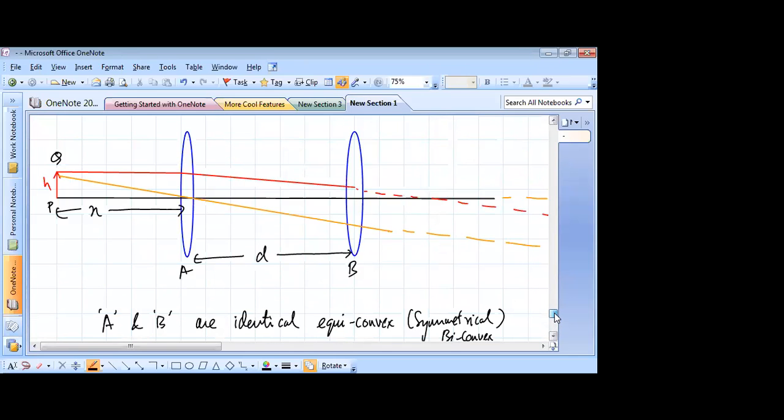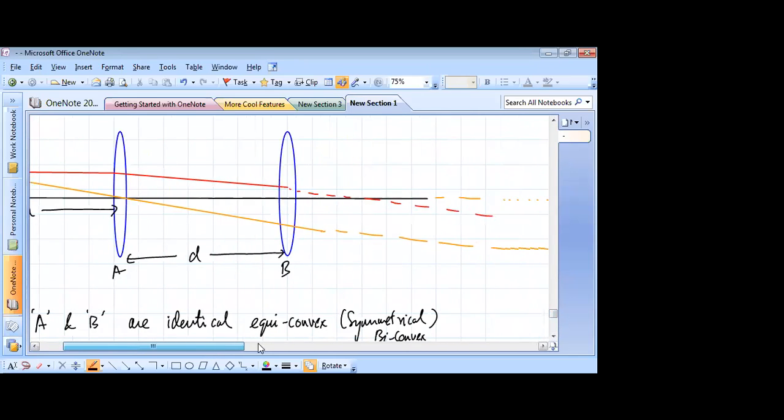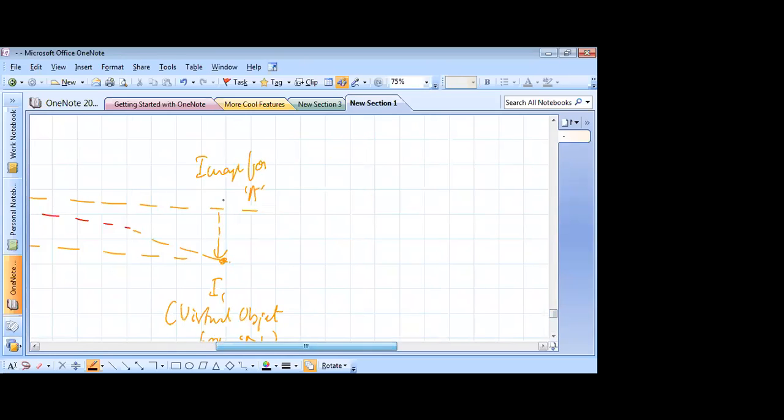So this is P prime Q prime, this H prime. So this will become minus 5 times H.